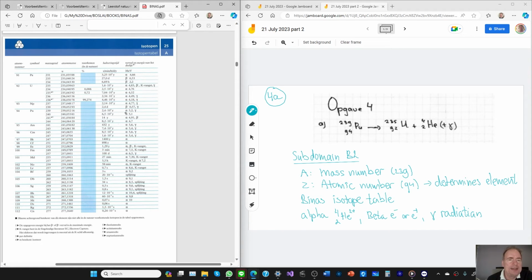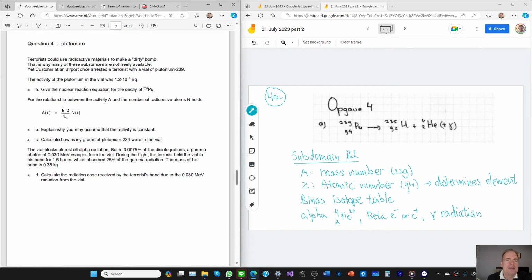It's said here that it will decay by an alpha particle, and the half-life is 2.4 times 10 to the power 4 years. It takes a long time, or the half-life is a long time. So we know it decays by emitting an alpha, and that is actually what you use to answer this question.